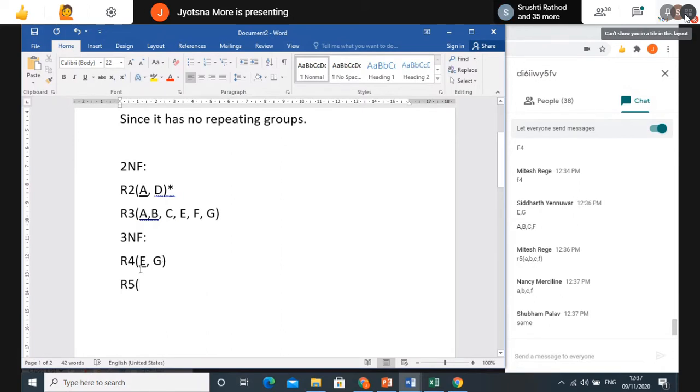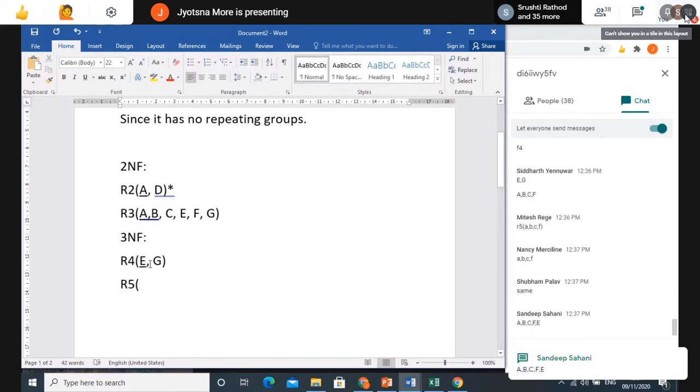If this is my primary key, then it has to be present in my main relation, right? Because this we have created here, it has to be a foreign key in my main relation. Always remember, when we make a non-key attribute a key in another relation, it has to be present somewhere as a foreign key.